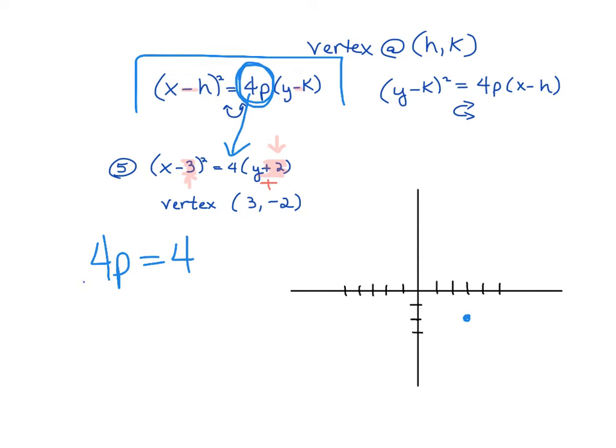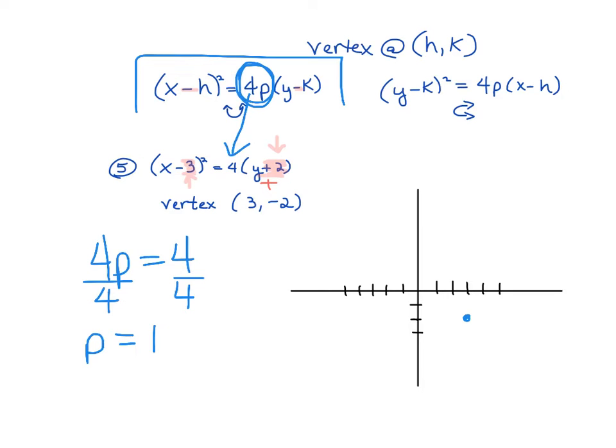So 4p equals 4. Divide by 4. And p equals 1. So now when I go to find my focus and my directrix, it is going to be 1 unit away from that vertex of 3, -2. But let's go ahead and get our parabola graphed.